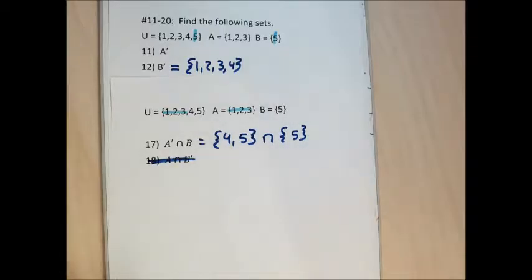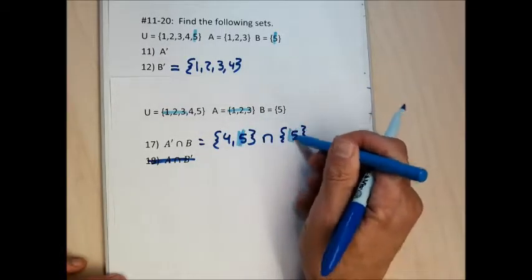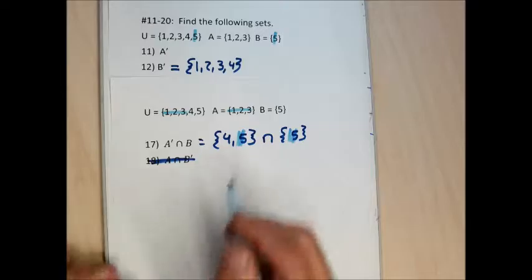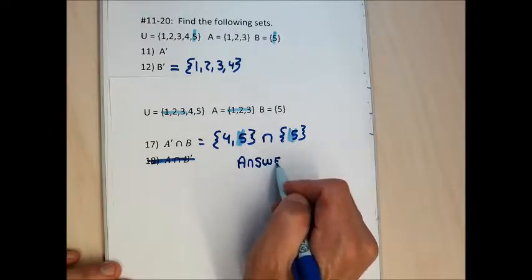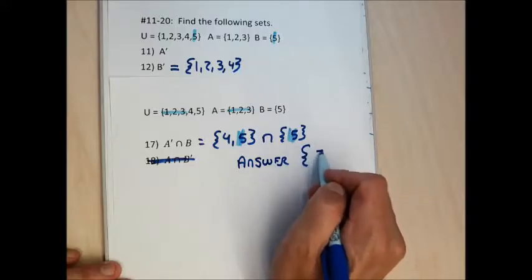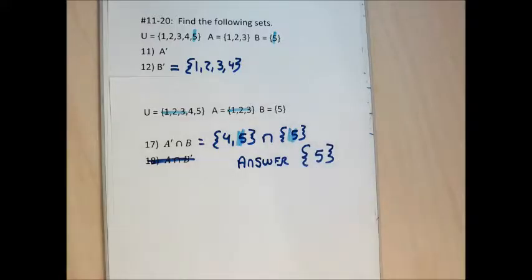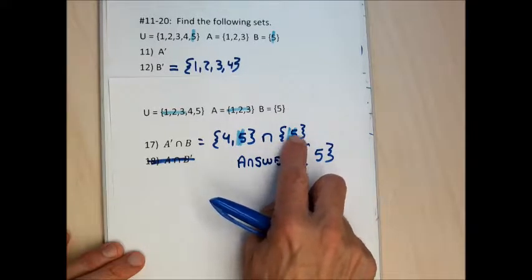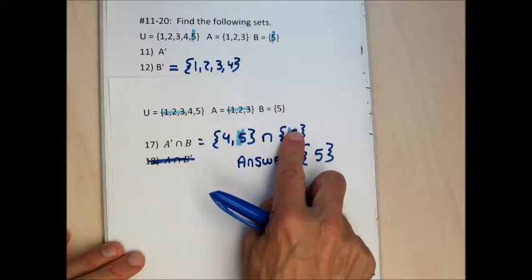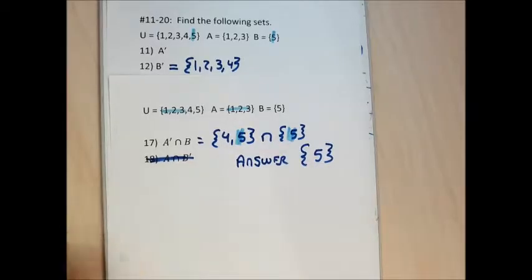And for number 17, when you intersect two sets, you just write what they have in common. These both have the number 5. My answer is going to be the set that contains the number 5. If there wasn't anything in common, like if this set just had the number 3 and there wasn't anything in common, your answer would be the empty set.